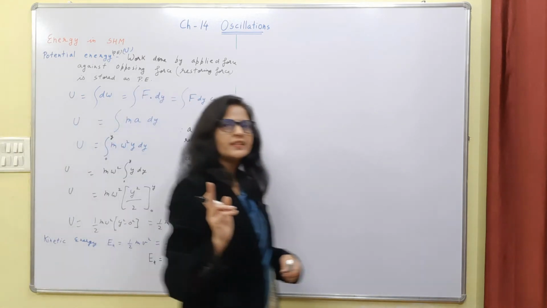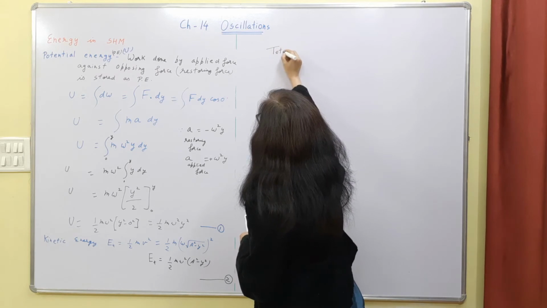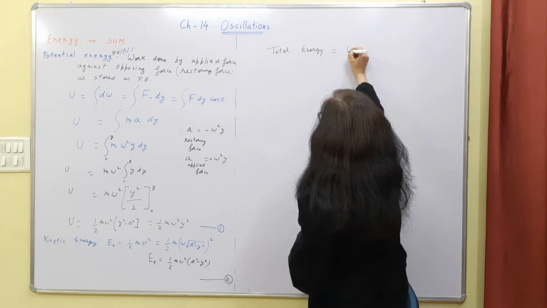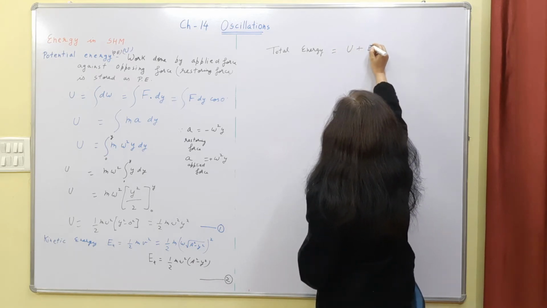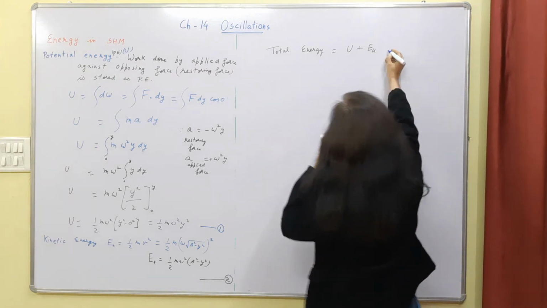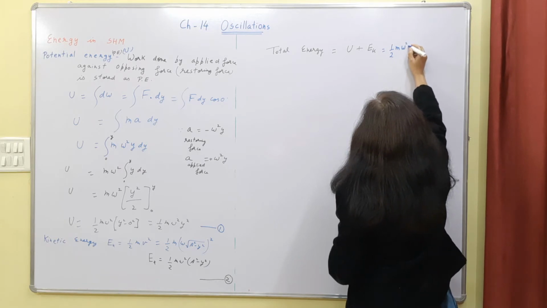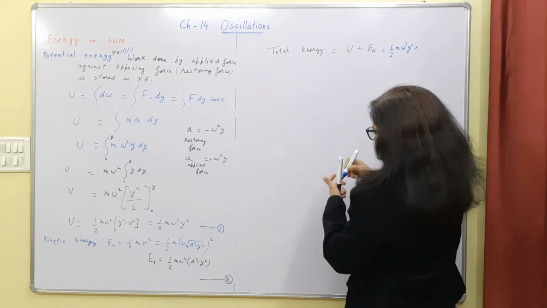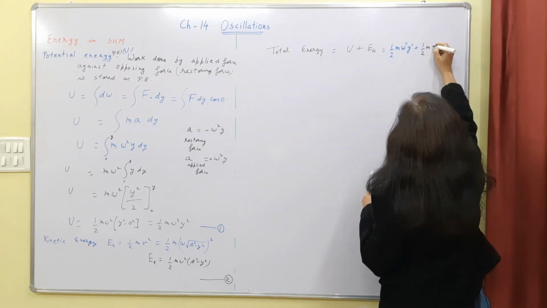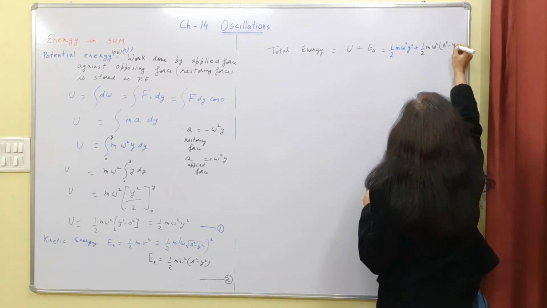So what will be the total energy? The total energy will be the sum of the potential energy and the kinetic energy. So if I put the values, I'll get this: half m omega square y square plus, what is kinetic energy? This is half m omega square into a square minus y square.